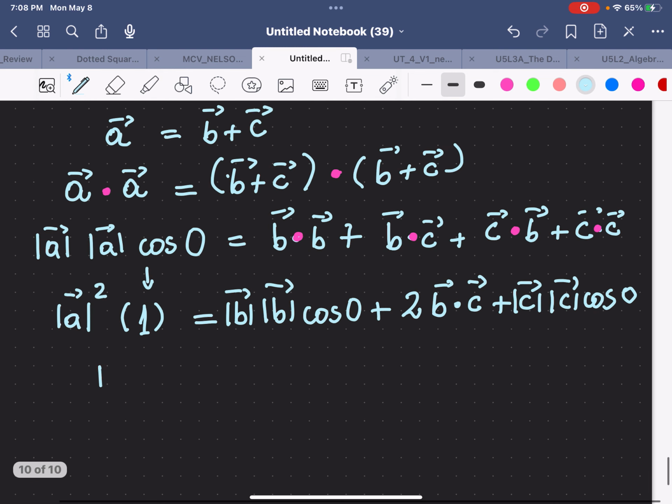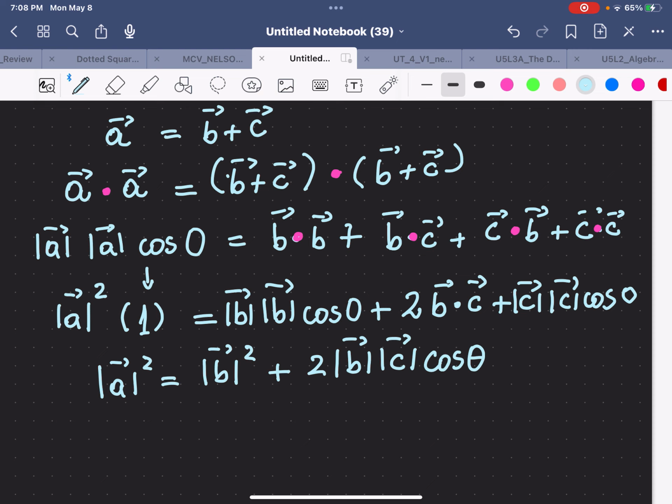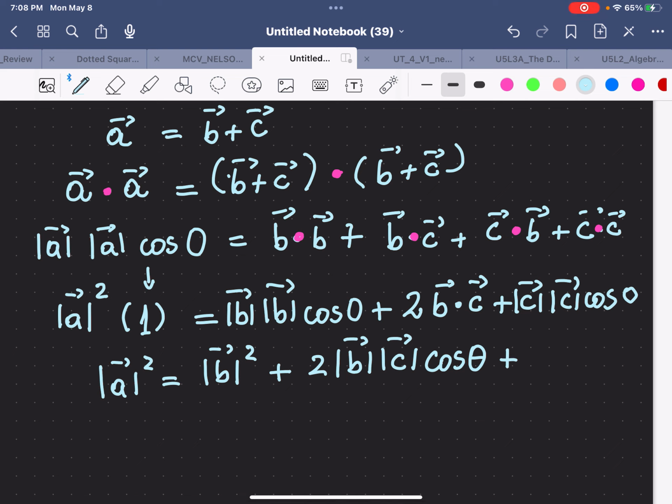So the left side has the magnitude of A to the power of 2. The right side will have B B cosine 0, that will be the magnitude of B to the power of 2. And then plus 2 times B dot C, which will be 2 times the magnitude of B, magnitude of C, times the cosine of the angle made between B and C. And then C times C, cosine 0 will be C multiplying itself, multiplying 1, so that would be the magnitude of C squared.